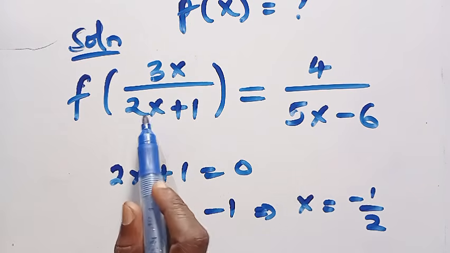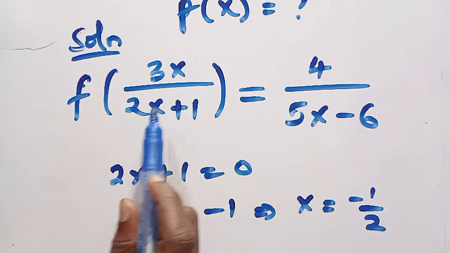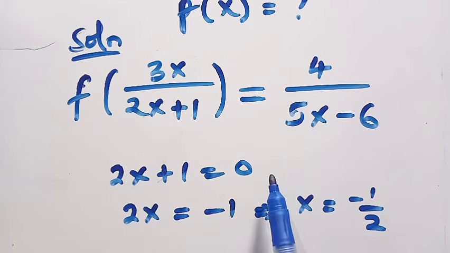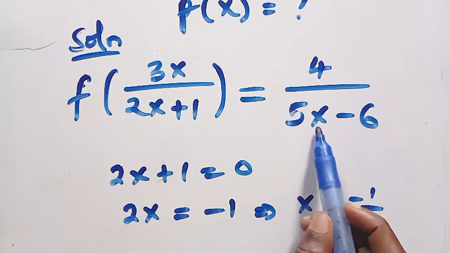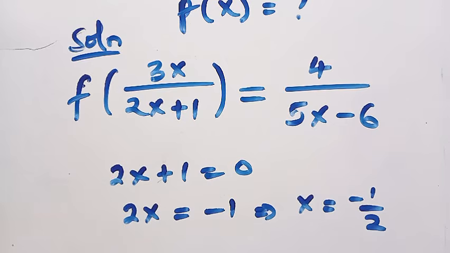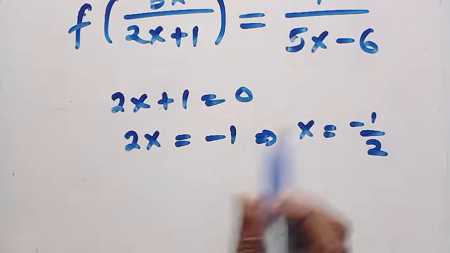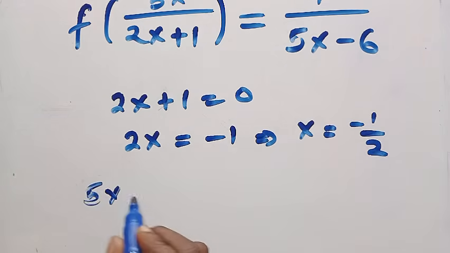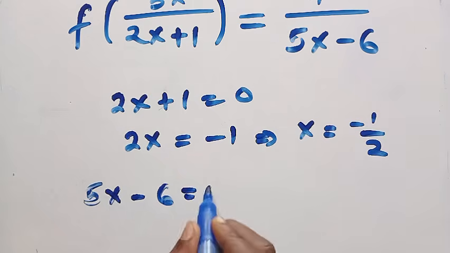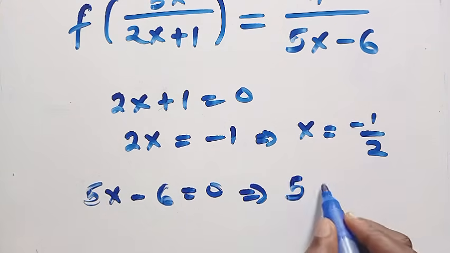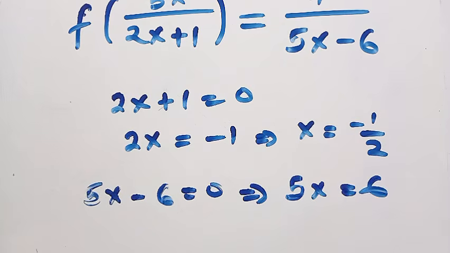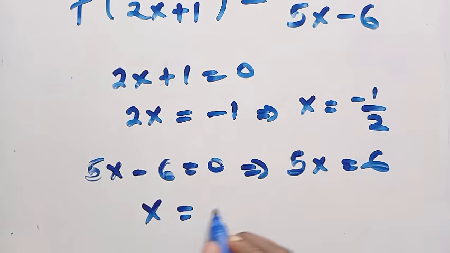It satisfies this for the input, but what about the output? Not all the values satisfy this either. So let's look at where we let 5x minus 6 also equals 0. This implies that 5x equals 6 and x equals 6 divided by 5.